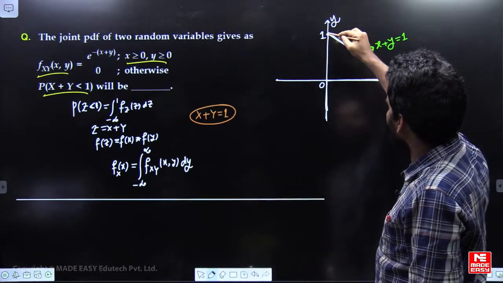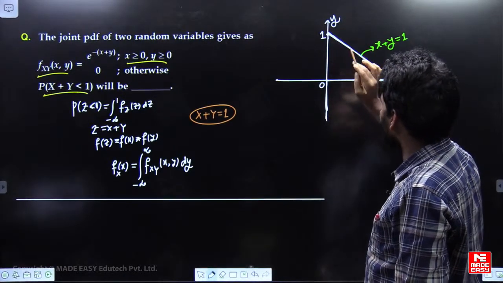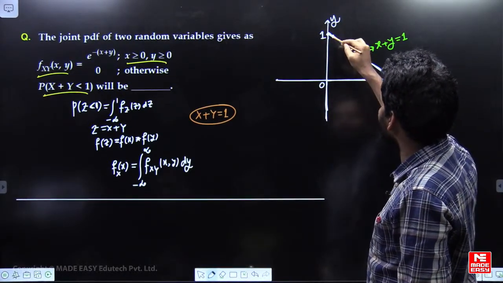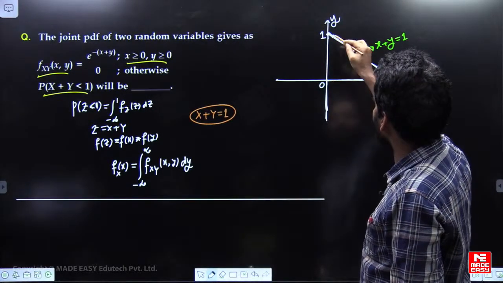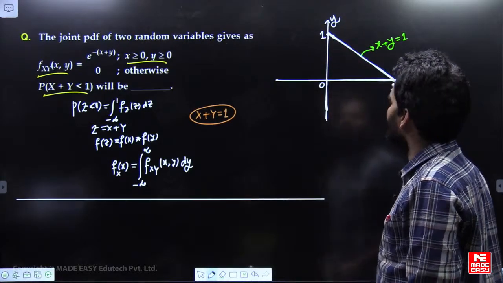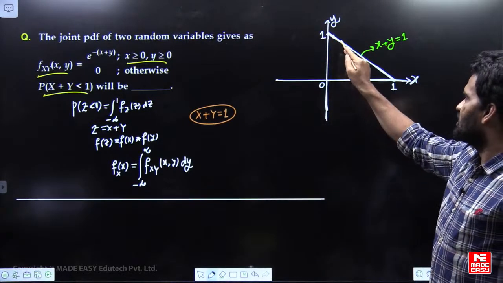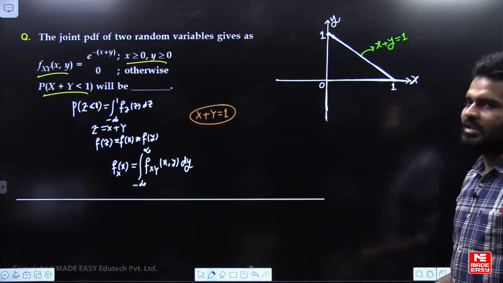At this point y is 1, but what is the corresponding x value? 0. 0 plus 1 is 1. At this point, suppose the x value is 0.1 and the corresponding y value is 0.9. So 0.9 plus 0.1 is 1, like that. If you check any point on it, the value of x plus y will be 1.